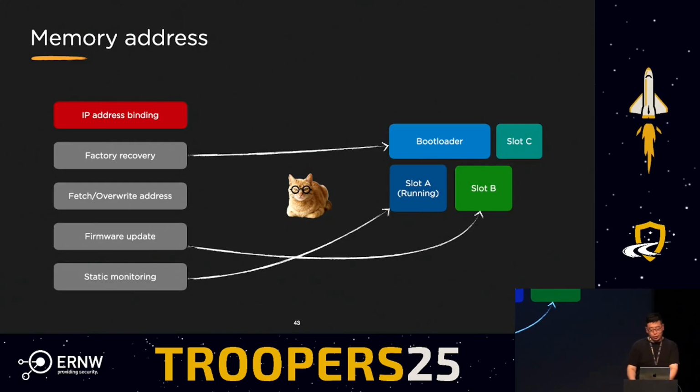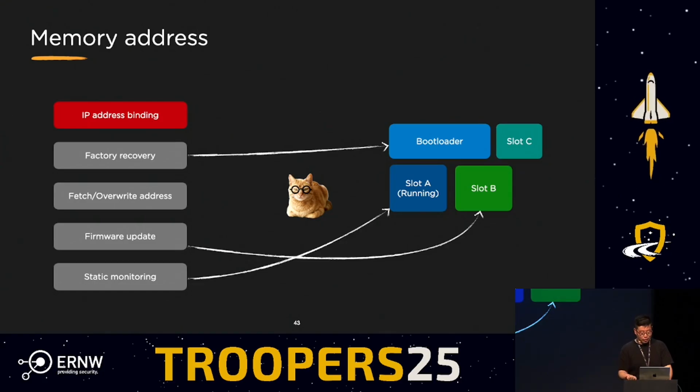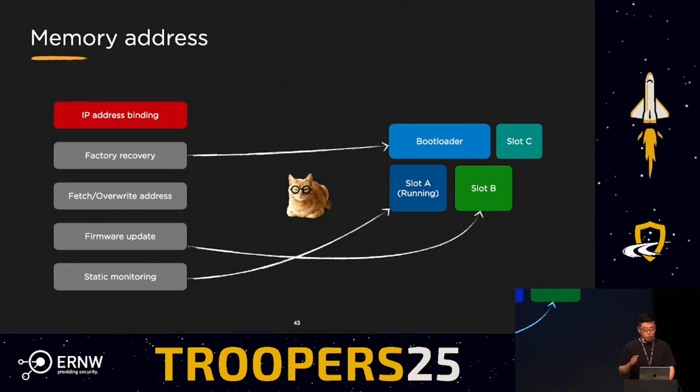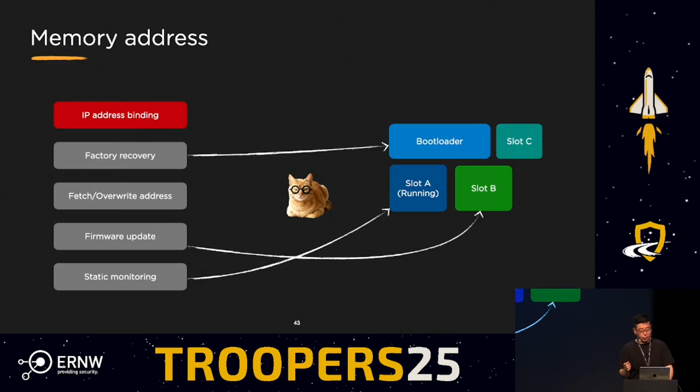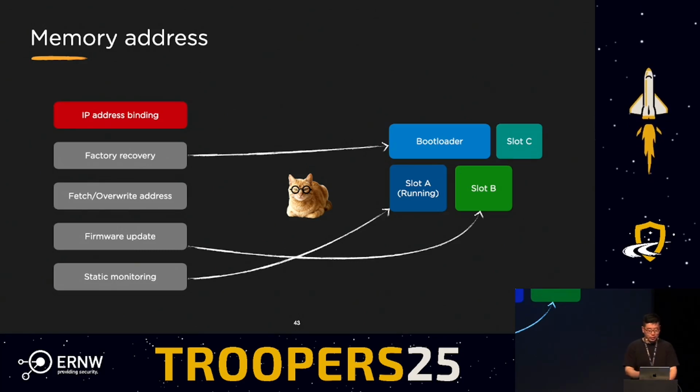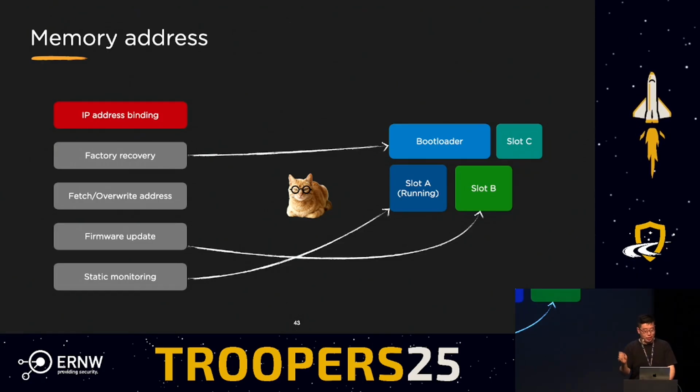The values of these functions are fixed in the CSP traffic. So basically, you can just observe the factory recovery to know the bootloader, which flag it will turn to for factory recovery. And for firmware update, it will start from the slot used for firmware updates, the memory address.